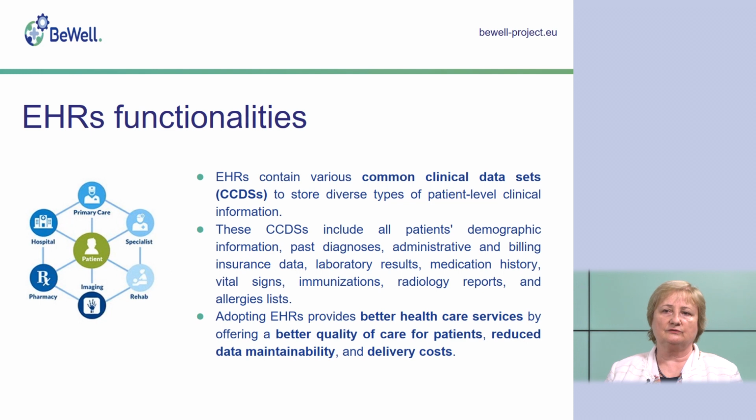Adopting electronic health records provides better healthcare services by offering a better quality of care for patients, reduced data maintainability and delivery costs, which is important for the economic aspect.